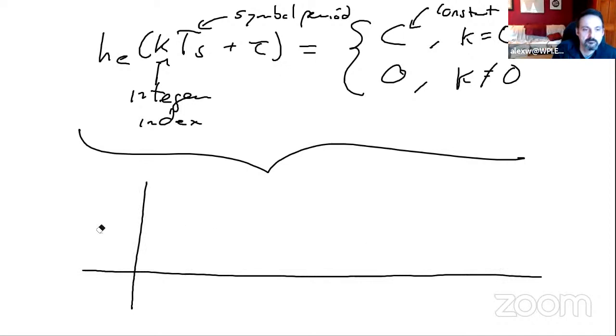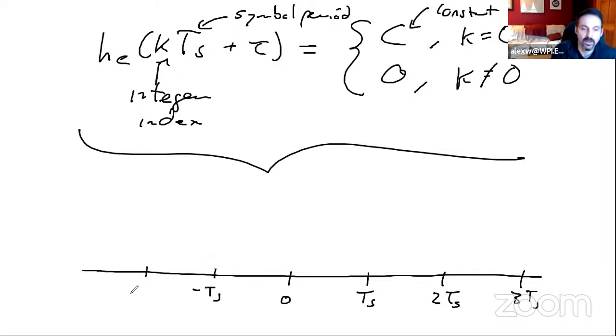Suppose you have 0, Ts, 2Ts, 3Ts, and then minus Ts, minus 2Ts, minus 3Ts, going from minus infinity to infinity.